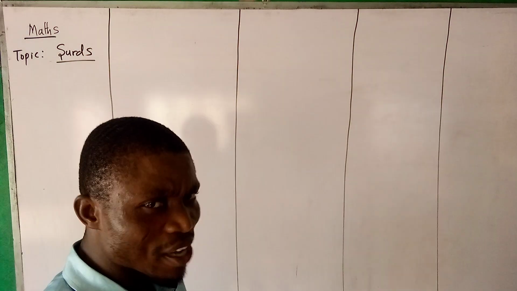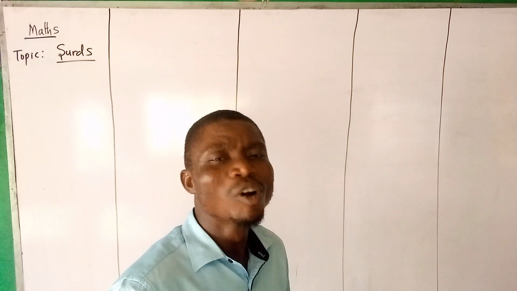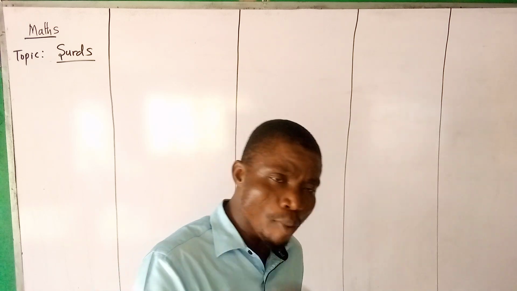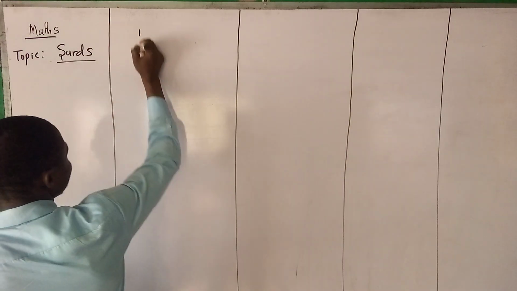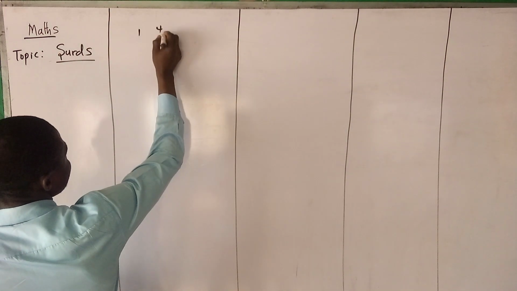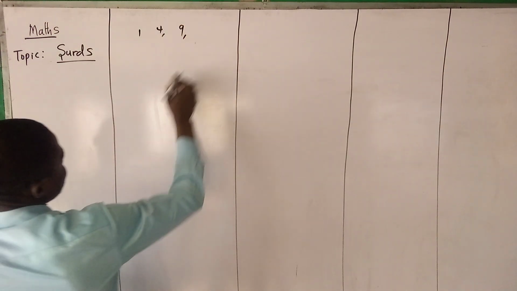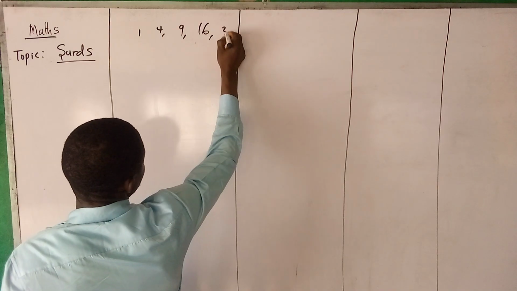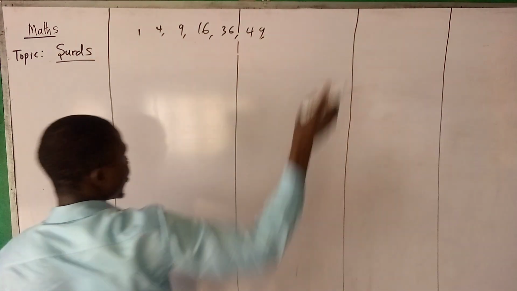Now, perfect squares are those numbers whose square root gives you a positive integer. Numbers like 1 is a perfect square, 4 is a perfect square, 9 a perfect square, 16, 36, and 49, and so on.